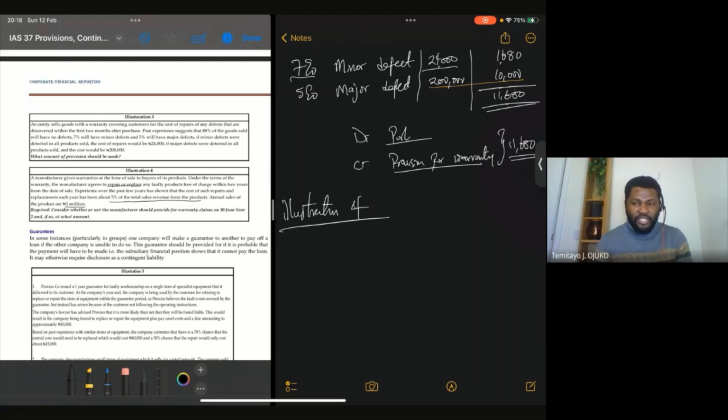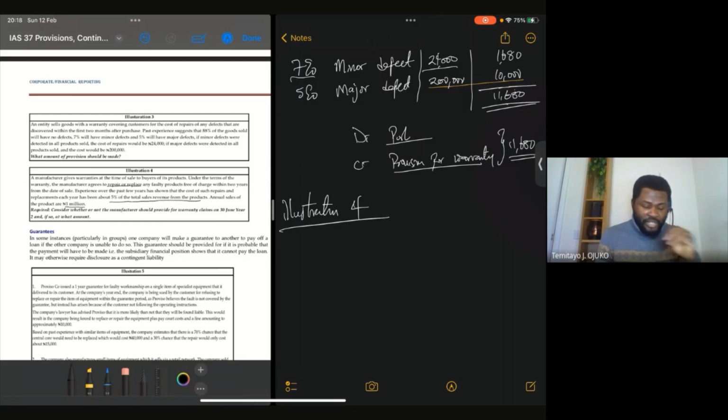Based on past experience, you've been able to estimate the amount, which is 5% of the total sales. It's as simple as that. Now, what is the probability that it will happen? Because based on past experience, you've seen that 5% of people usually come around to return or repair. So it's probable that 5% will return.